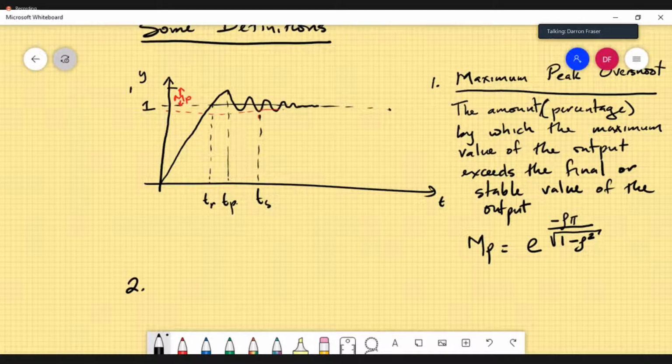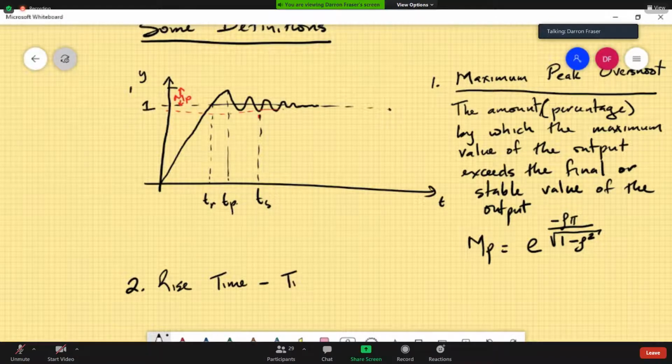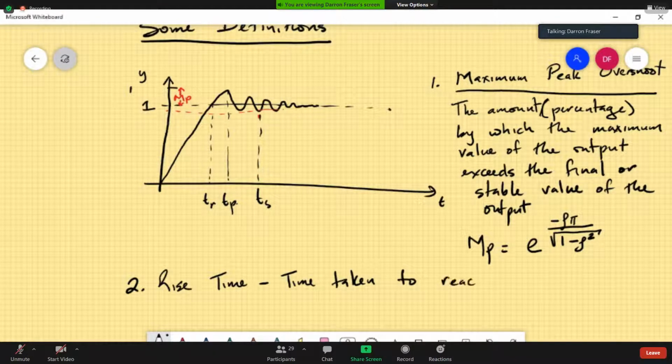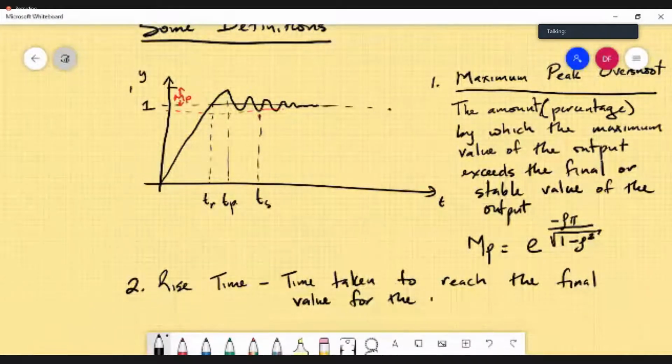The rise time is the time taken to reach the final value for the first time.